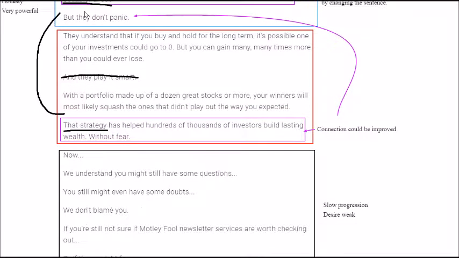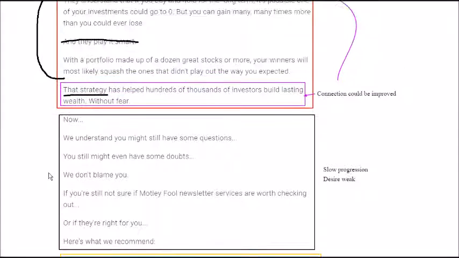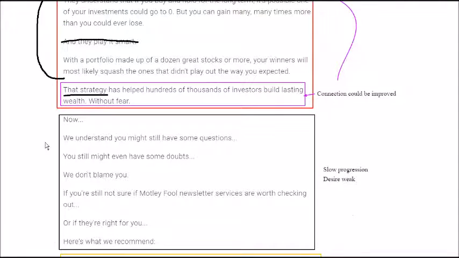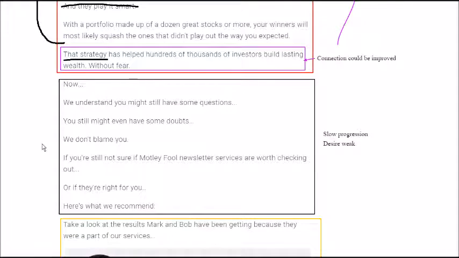That just makes the connection clear. Because as I was reading this, I had no idea that they were talking about a strategy, right? So, okay. That will help build belief, by the way, and keep your reader from getting confused. A confused reader is not good. You do not want a confused reader.